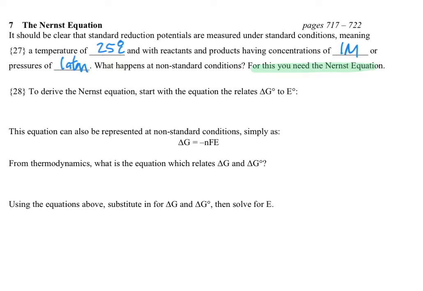To derive the Nernst equation, let's start off with our delta G and E relationship that you saw in a previous video about connections between thermodynamics and electrochemistry. You'll recall from that video that we had an equation that looked like delta G0 is equal to minus the moles of electrons transferred times Faraday's constant, 96,485 coulombs per mole of electrons, times the standard cell potential.